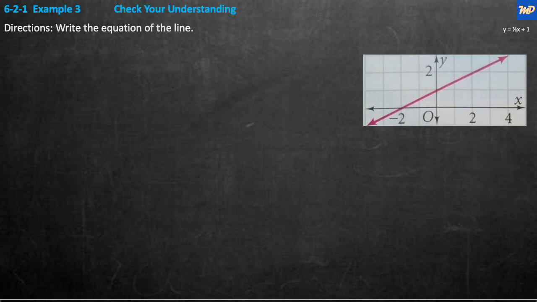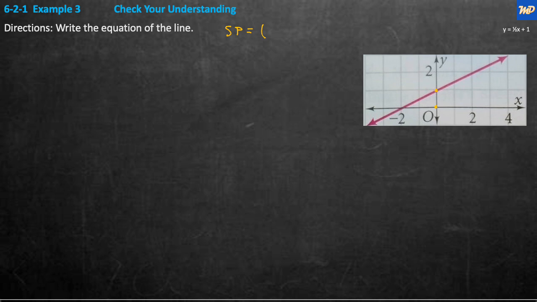So let's find the starting point now. I'm going to call SP the starting point. What coordinates, what ordered pair is it? I say start right where the line crosses the y-axis, because then your x is 0, and y in this case is 1.